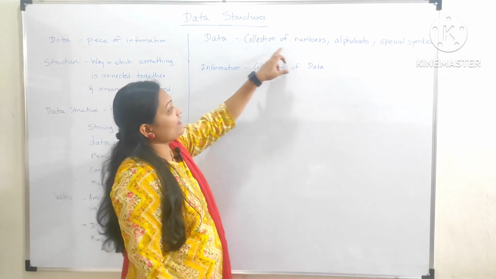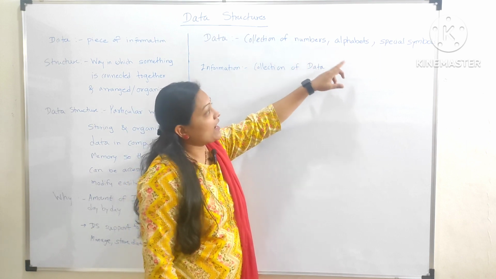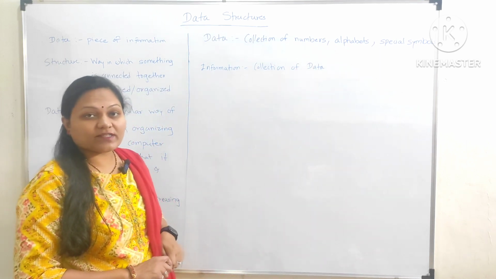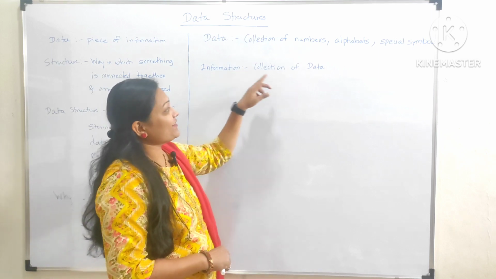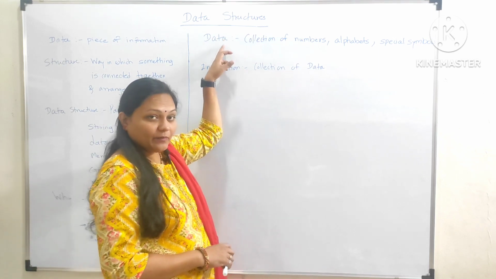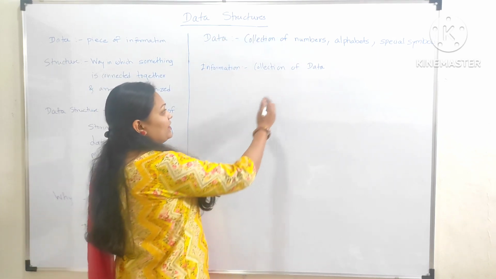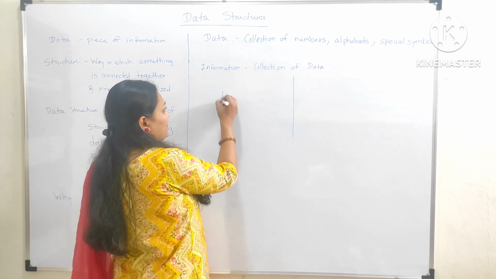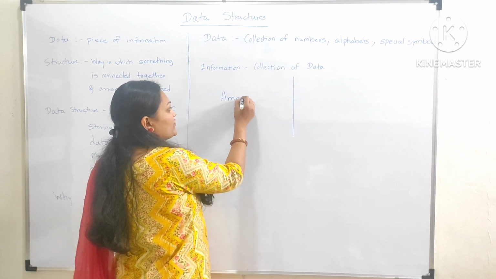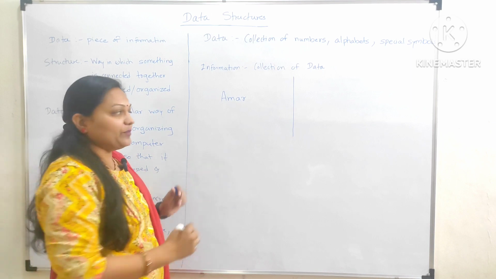We can say data is the collection of numbers, alphabets and special symbols, and information is a collection of data. Now let's see the example. Suppose in the first sheet we have maintained just the names of students, for example, Amar.